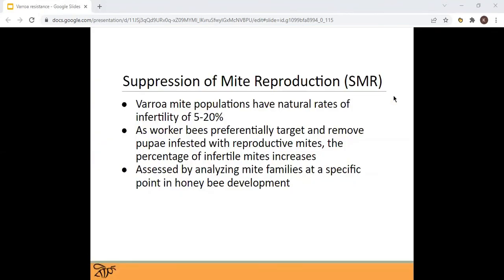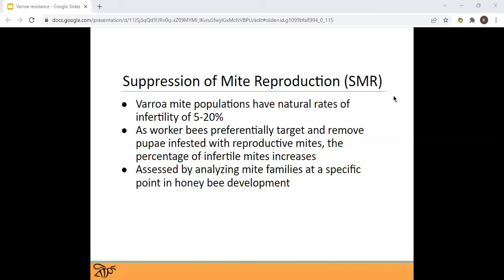Another trait that is very closely related to VSH, but a little bit different, is called suppression of mite reproduction. In any Varroa population, there is a natural rate of infertility of about 5 to 20%. As bees preferentially target and remove infested pupae with reproductive mites through VSH behavior, the percentage of infertile mites in the colony increases.